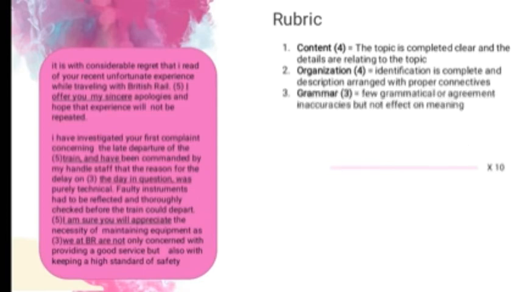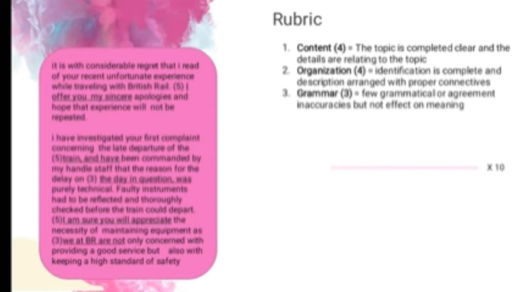And the third aspect of this rubric is grammar. I give a 3 because there are a few grammatical or agreement occurrences but they do not affect the meaning. As you can see, I have put the paragraph in the pink box, and I have written some mistakes that I have numbered to show the mistakes in each sentence.